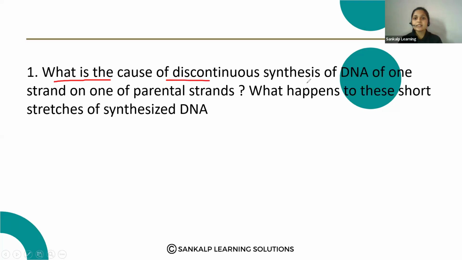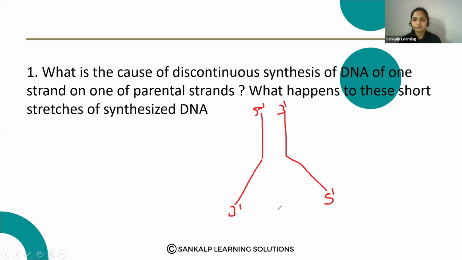What is the cause of discontinuous synthesis of the DNA of one strand on one of the parental strands? What happens to these short stretches of the synthesized DNA? Here, during the DNA replication, I will take this as a DNA strand, which has the 5 prime to 3 prime direction, and also a 3 prime to 5 prime direction.